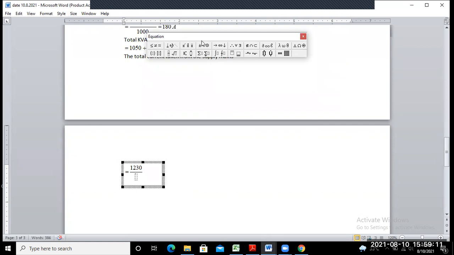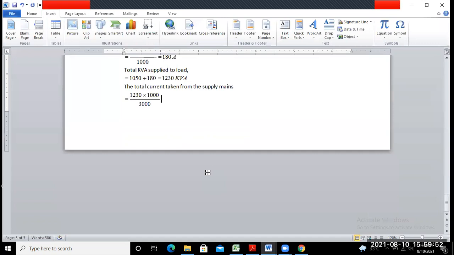Now divide by the voltage at the supply side, which is 3000. So this 30 is cancelled out from numerator and denominator.